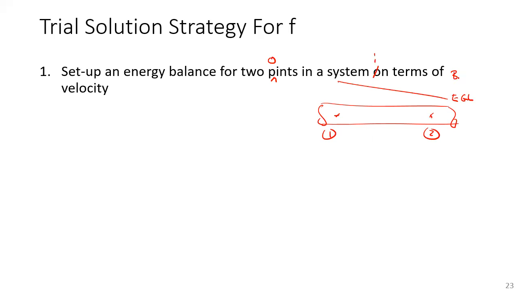And we would say that B1 is equal to B2 plus h_f. And when I write B1, that's V squared over 2g plus P1 over gamma plus z1. So by setting up that energy balance, what comes out of that is velocity as some function of friction factor.